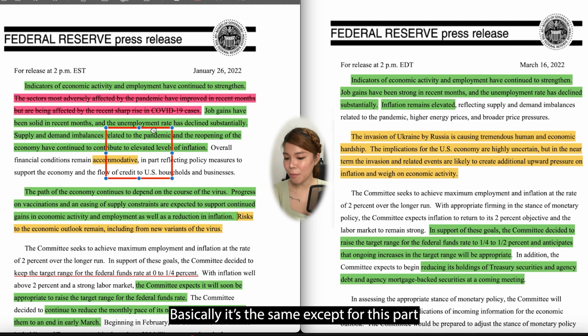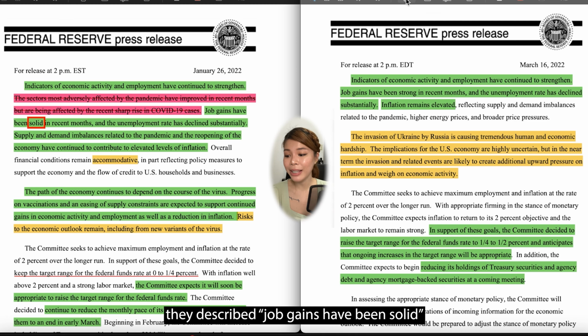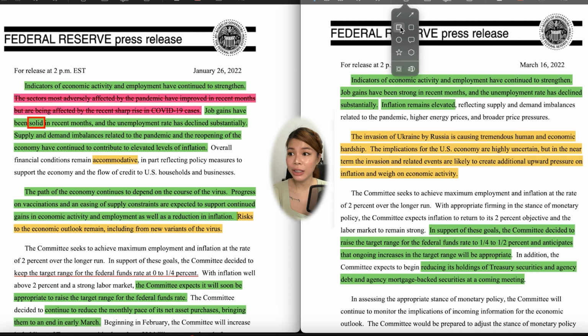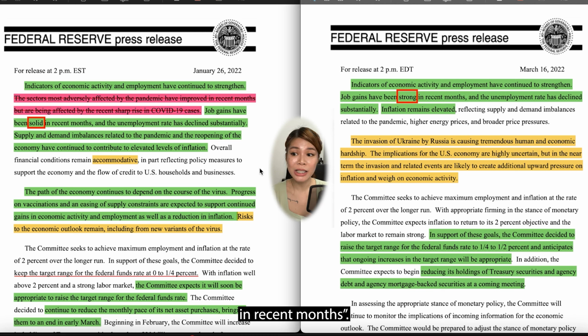Basically, it's the same except for this part where on January 26, they described job gains as solid. And then on March 16, they said job gains have been strong in recent months.